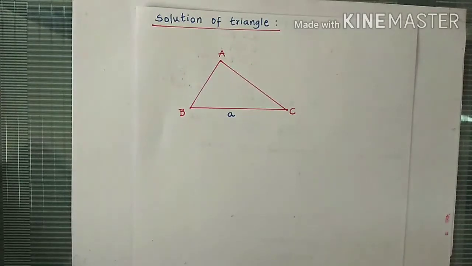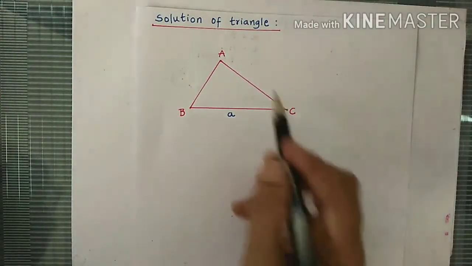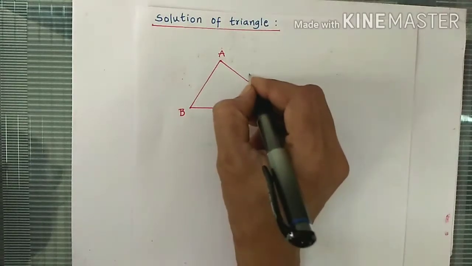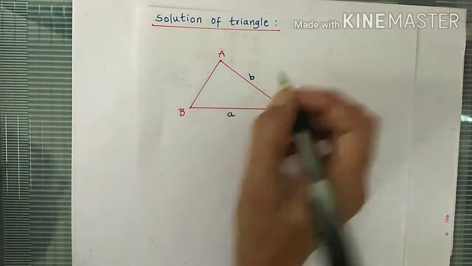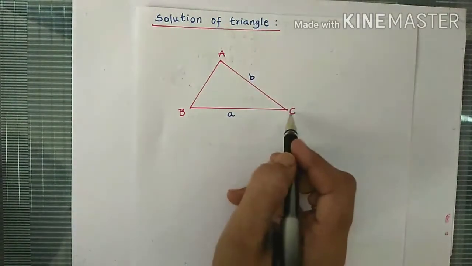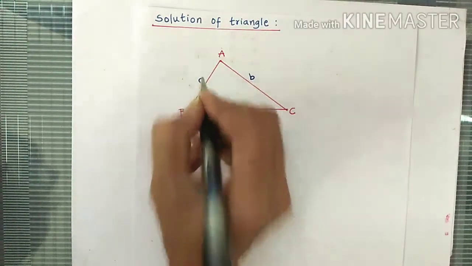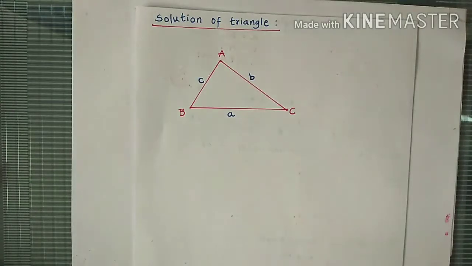So this is small letter a. Now AC lies opposite to B, so AC is denoted by small letter b. And AB lies opposite to angle C, so it is denoted by small letter c. Okay. So this is the convention used in triangle.